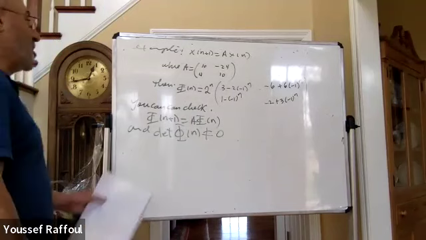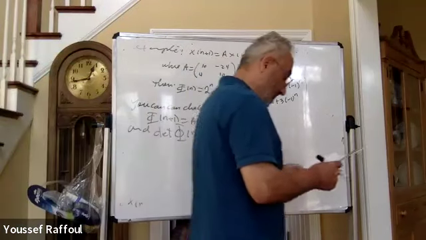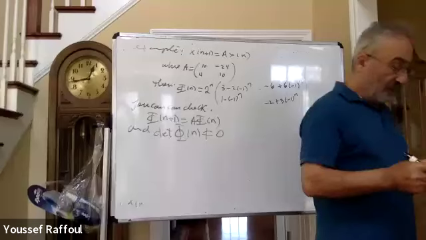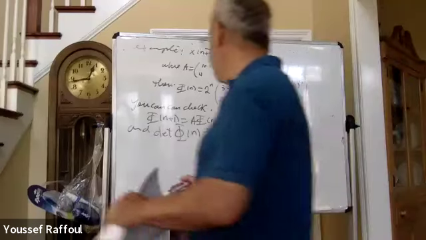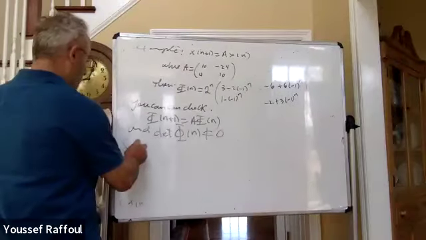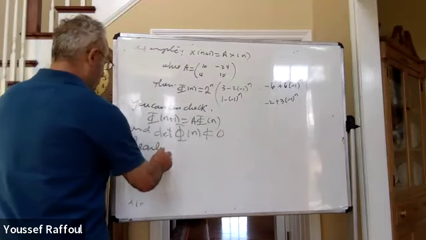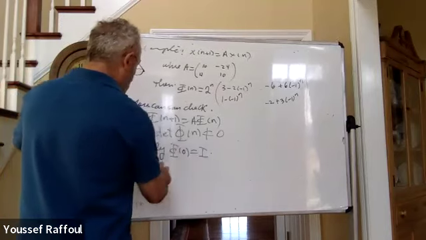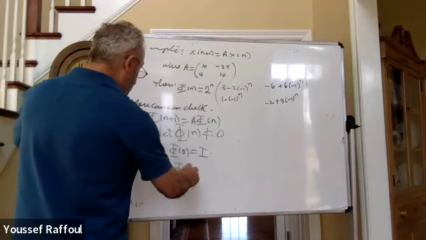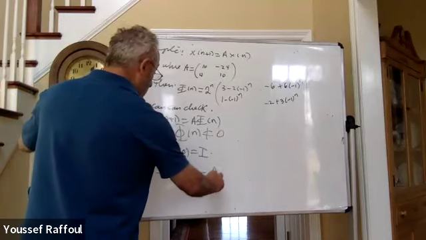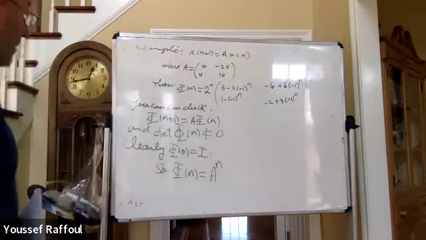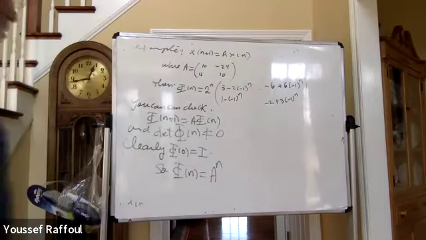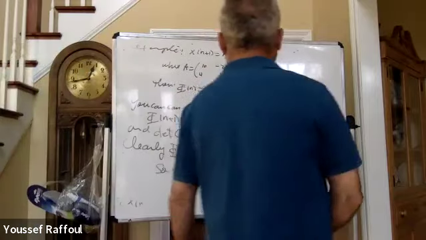So you can easily check that. And clearly phi 0 is I, and so in this case phi n is A to the power n, because phi 0 is A to the power 0.